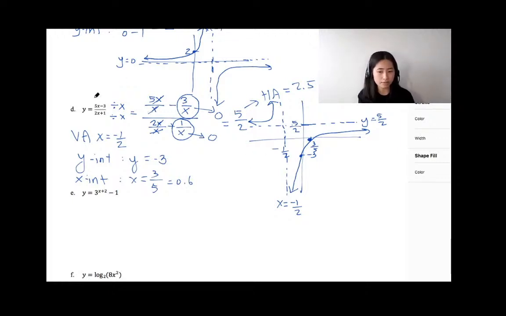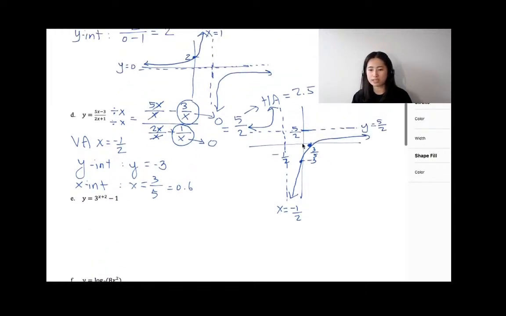If you plug in -3 here, or any number, it could be -5, as long as it's before -1/2, you're going to see that your y value, if your x is -3, is a positive number, which is 3.6. So that means if it's to the left of -1/2, your function needs to be positive. That's why you're drawing this up here. Does that make sense? So that tells you that you're having your function here as opposed to here, right? Does that make sense?